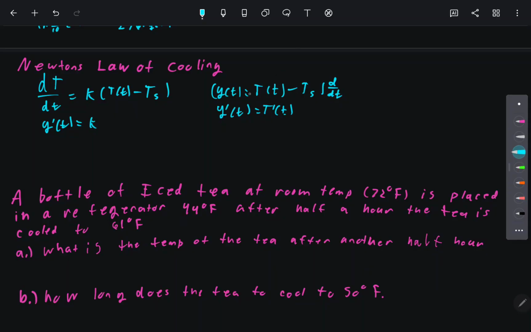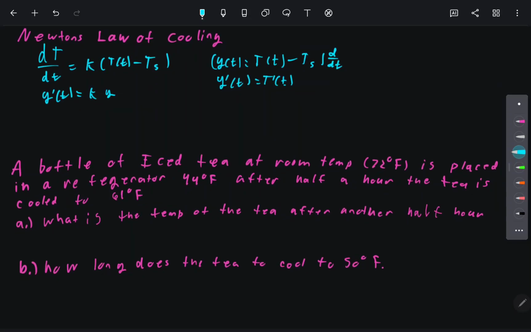And we know that this function of t minus T of s is y. And surprisingly enough, we get another thing that's proportional to itself in growth. Cool, isn't it? Well, let's use our newfound power to find an answer to this problem.